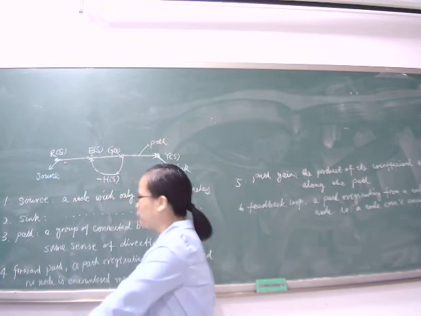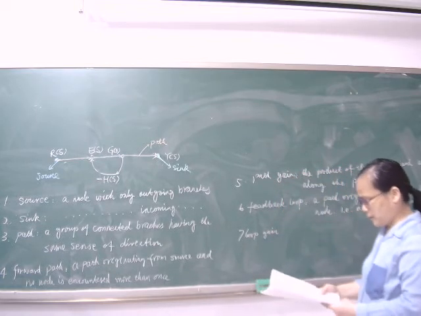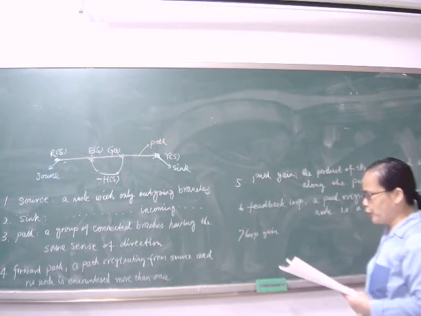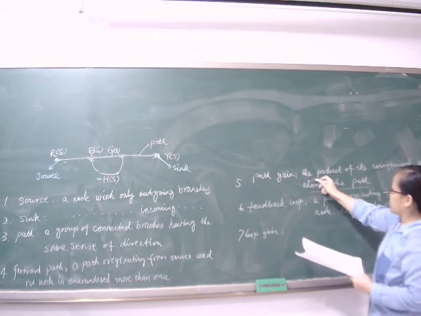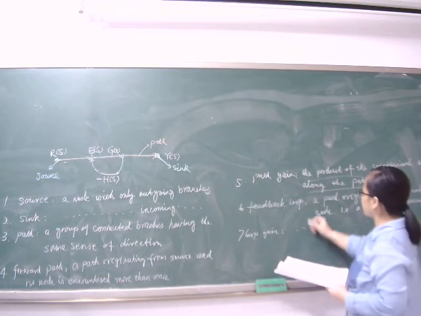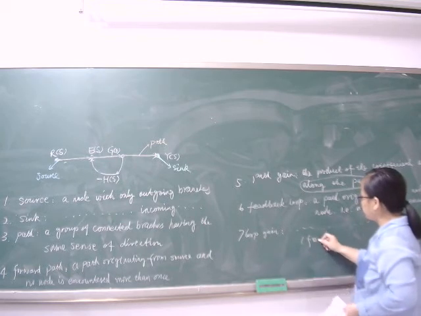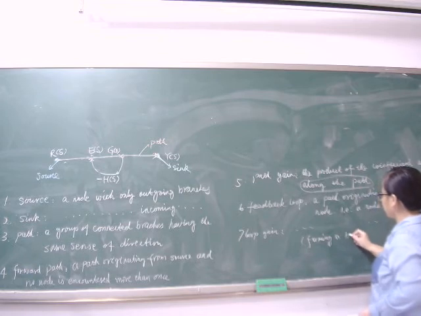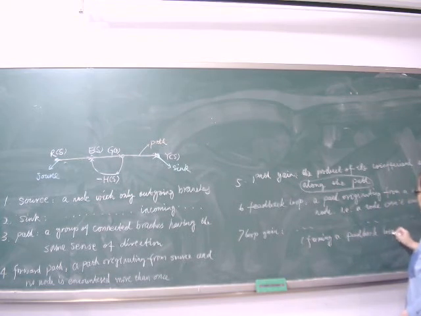The seventh terminology is loop gain. The loop gain is the product of the coefficients associated with the branches forming the feedback loop. Now this part is different, but this part is forming a feedback loop.